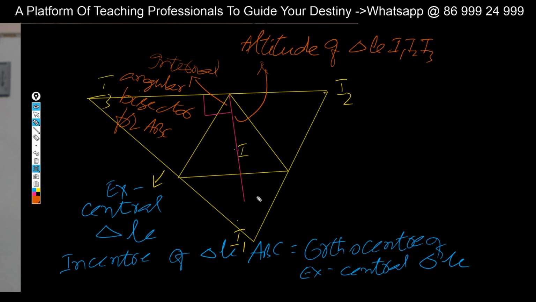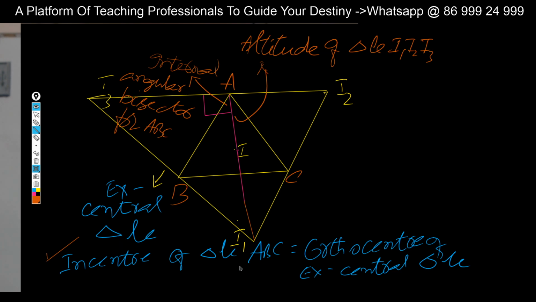So what do you all understand? The same internal angular bisector of triangle ABC is the altitude of the excentral triangle I1, I2, I3. This is a point to be noted, and you have previous questions on this one also. So the incenter of triangle ABC is equal to the orthocenter of the excentral triangle.